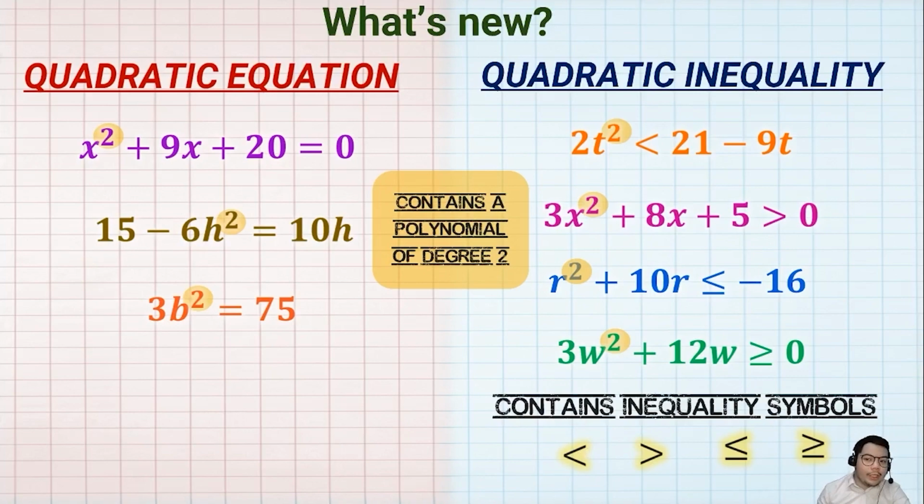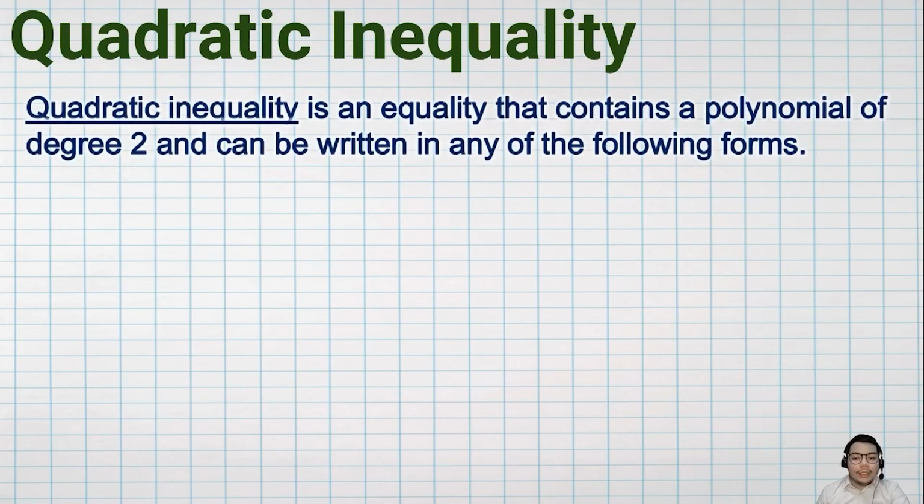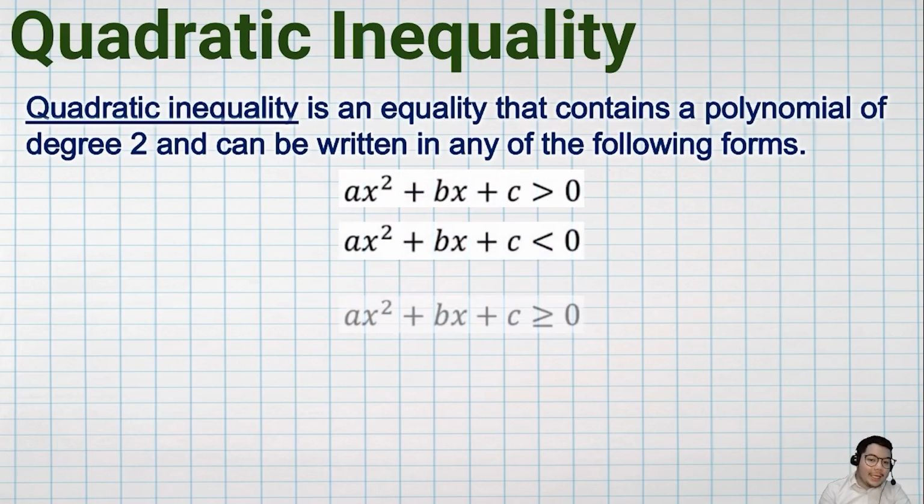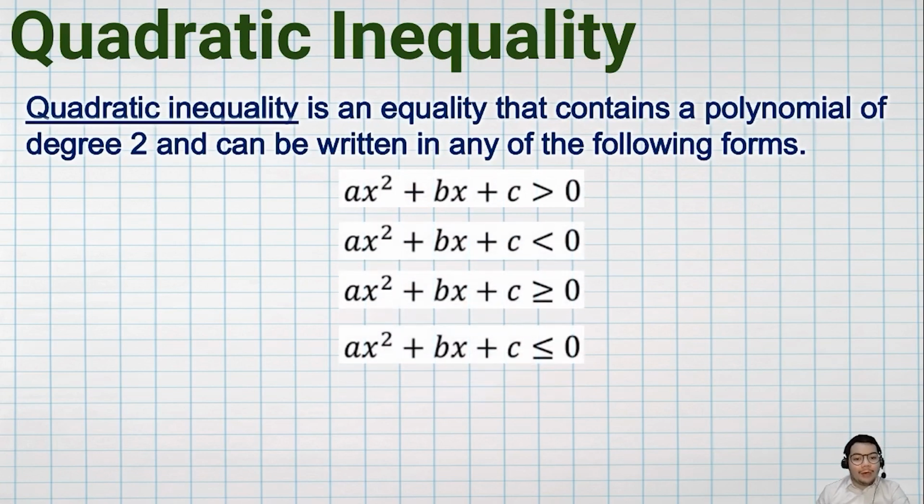So let's try to generalize the idea of quadratic inequality now. So a quadratic inequality is an inequality that contains a polynomial of degree 2, sabi nga kanina, and then it can also be written in any of these forms. Kumbaga, ito yung itsura ng standard form or different standard form of a quadratic inequality. Siyempre, meron tayong iba't ibang inequality symbols, so magiging iba-iba rin yung itsura ng ating standard form.